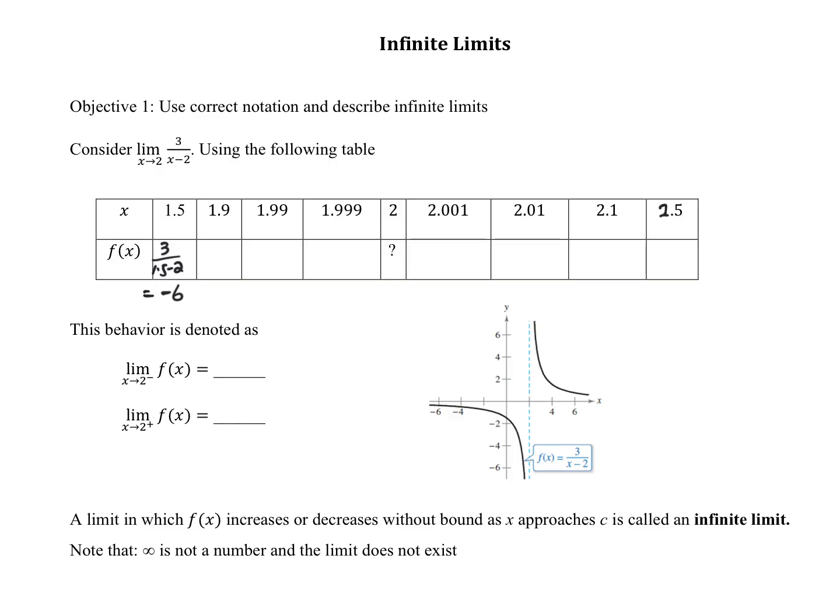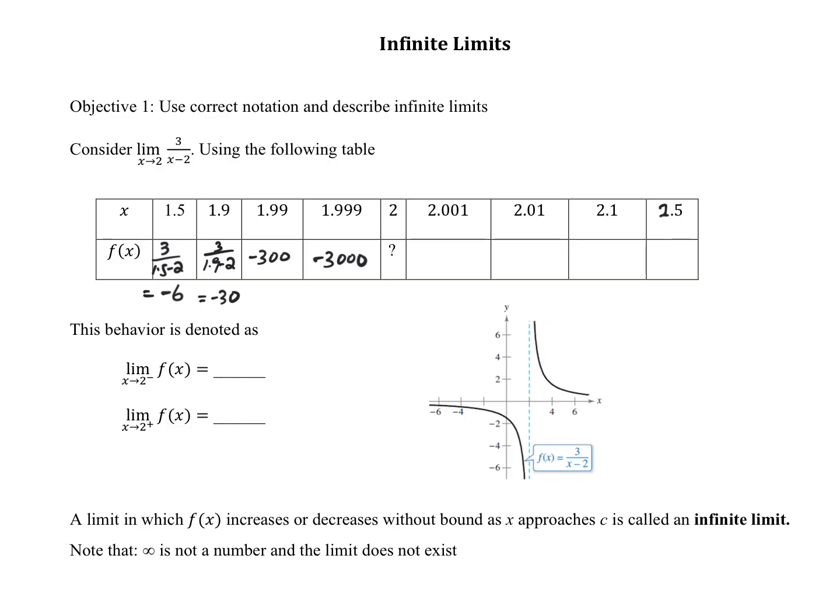And when x is 1.9, 3 over 1.9 minus 2, which is 3 over negative 0.1, negative 30. And when x is 1.99, it will be 3 over negative 0.01, and it will be negative 300. Similarly, 3 over negative 0.001 is negative 3,000.